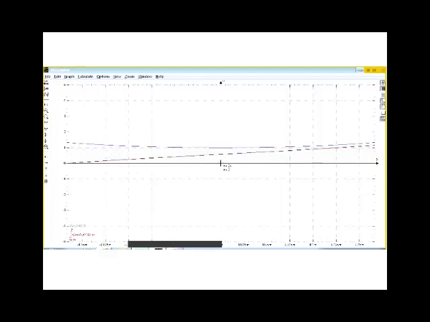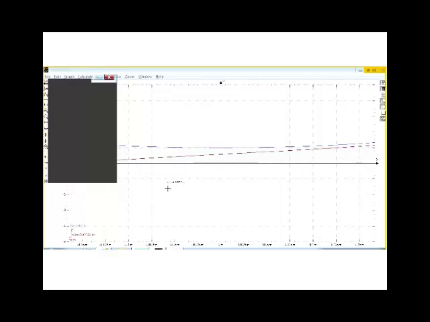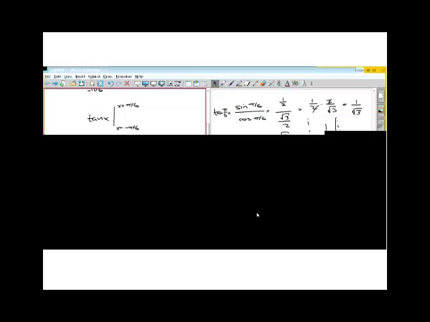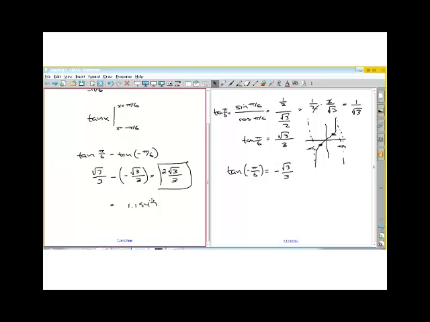The integral, if we integrate it from negative pi over 6 to 0, we get this, which would be half of what we get if we go all the way. So we get y equals 1.12. So let's just go back and prove that we did it right. 1.1547. So if you round that off, you get 1.12.